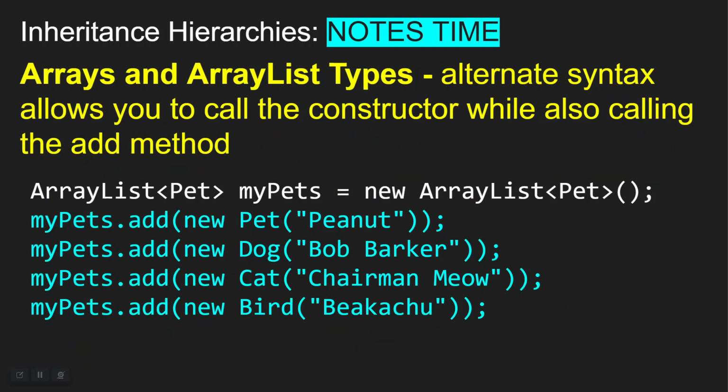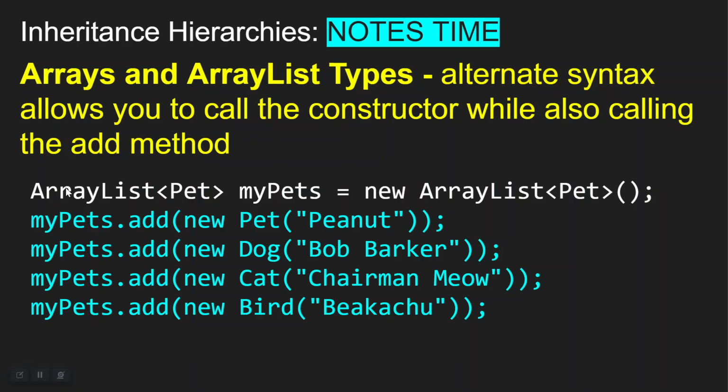And then this is some alternate syntax that allows you to still add objects of the Pet or Dog or Cat class, but you can actually call the constructor inside the parentheses.